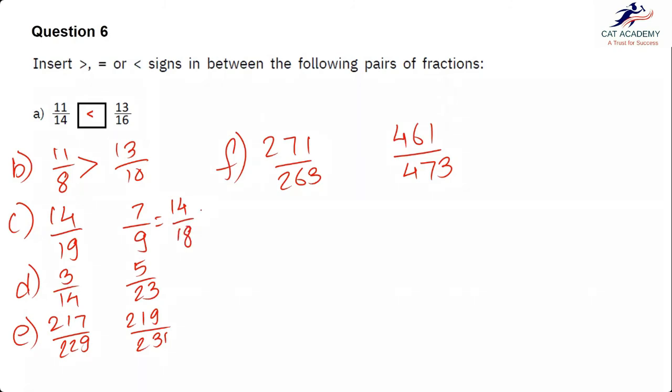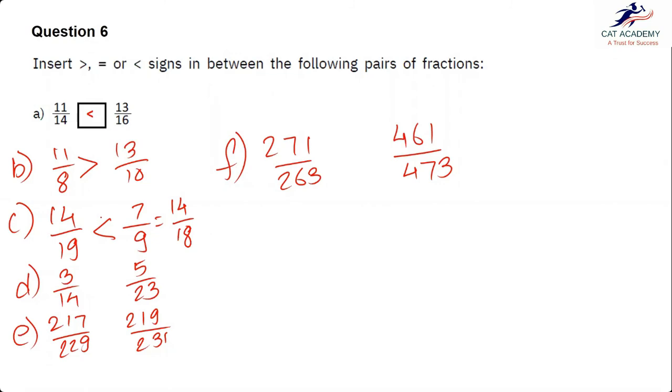Next one, I can double this and write it as 14 by 18. Then cake logic. Size 14 cakes are there. One is being cut into 19 pieces, another into 18 pieces. So the one being cut into 18 pieces would have a larger piece of cake. Correct? Then 3 by 14 and 5 by 23.